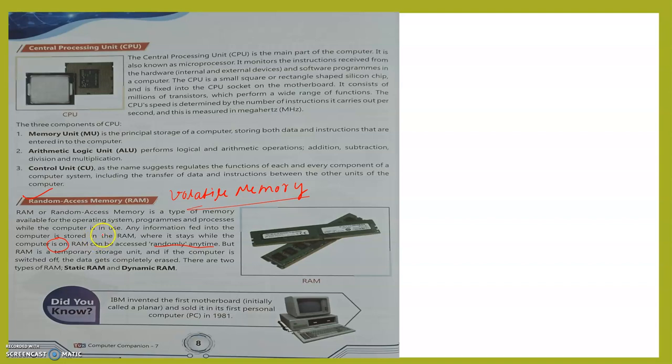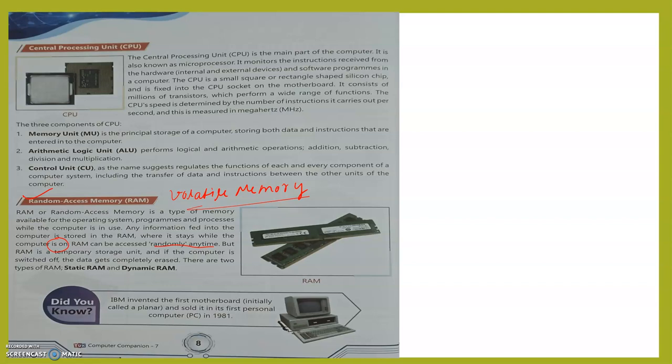Clear? Have you seen that, suppose you are working in an MS Word document and writing something like a letter or application? Whatever content you are writing currently is in RAM.